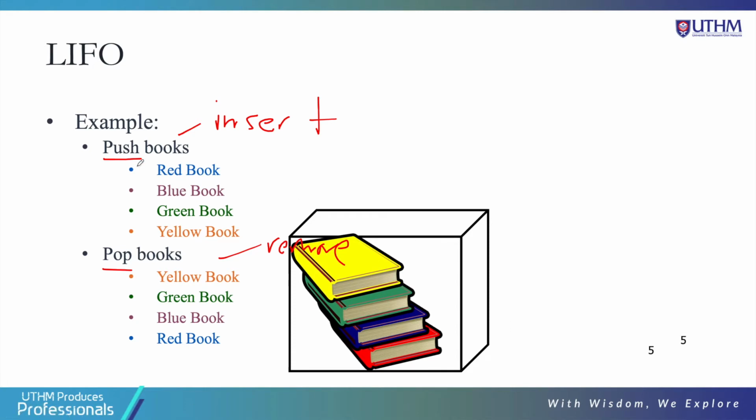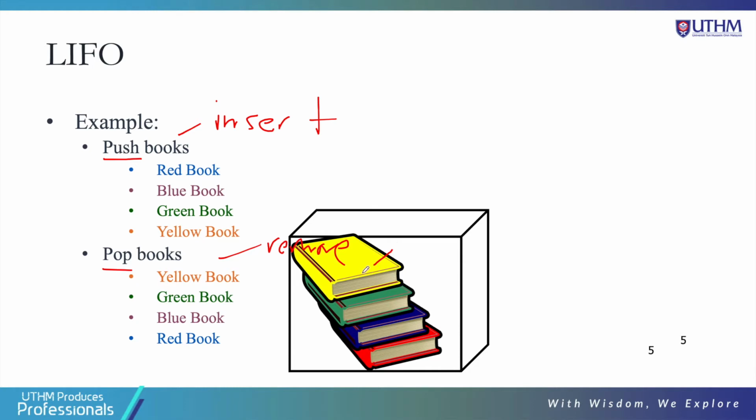So that is push operation, which means we have 4 books and we insert them into a box. And then how do we do the pop operation? Pop is removing, okay, removing all the books. So the books that we remove first is actually the book that has been lastly added. Okay, the yellow book is the book that is inserted at the end.